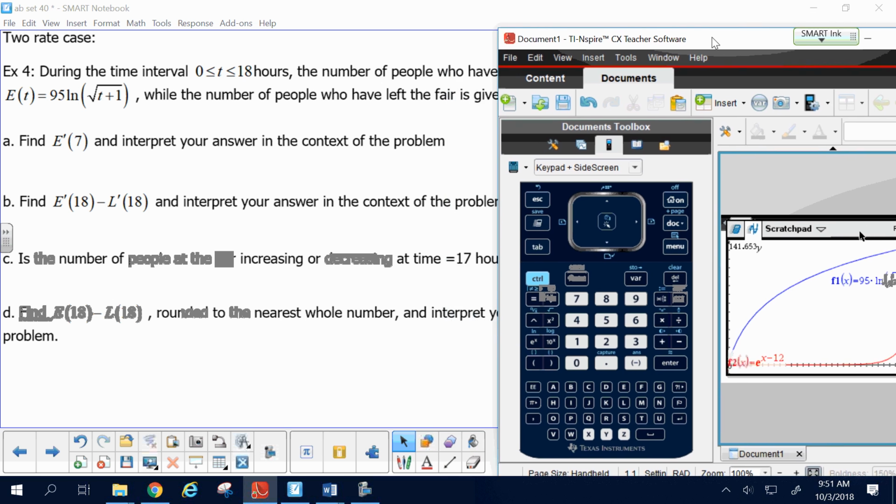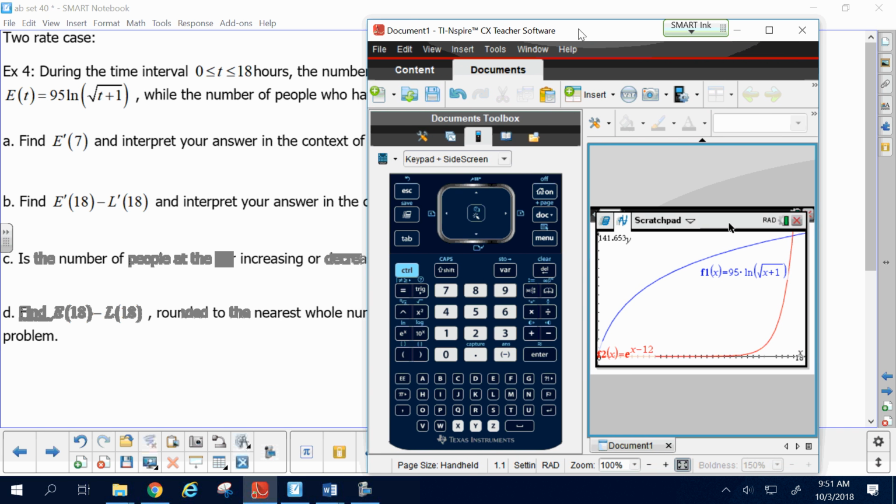All right, now then, let's just talk using our common sense. The blue line, for me anyway, represents the E function, which is enter. The red line is the leave function, which is leave. In terms of the number of people at the fair, when the blue line is above the red line, what's going to be happening?